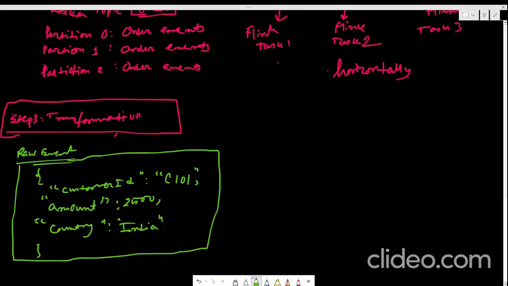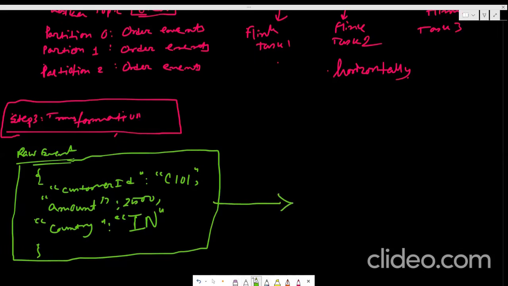Also, suppose in the source system the country is not the full name, it is suppose I and N. From that we need to understand that the country IN actually means India, and for the country India, the currency is INR. So we require that business data, and we need to transform it this way.